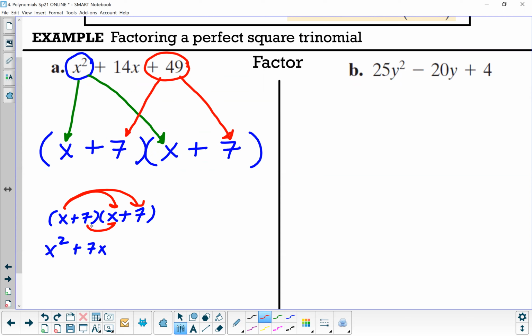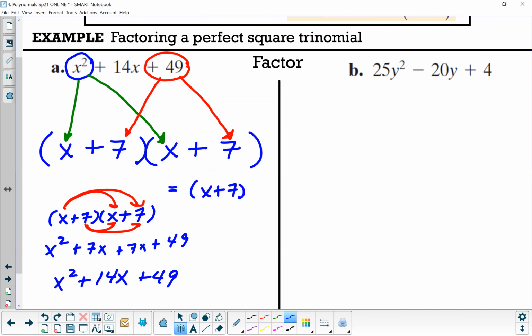And then you distribute the 7 to the x plus 7, and that gives you plus 7x plus 49. And so then you're left with x squared plus 14x plus 49. That gives me my original expression so that I know that I have factored this correctly. So my answer is x plus 7 multiplied to x plus 7, or abbreviated, squaring the x plus 7.